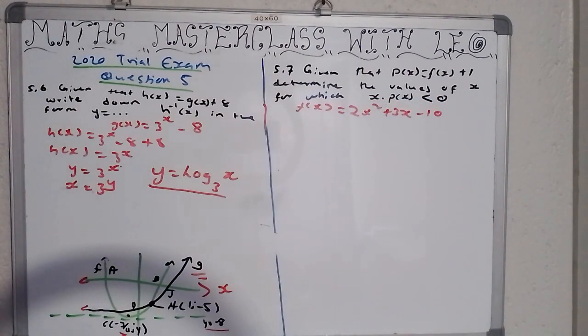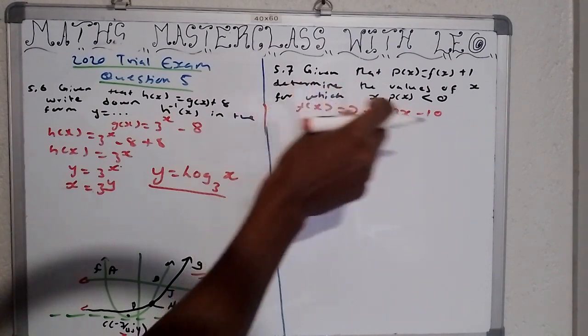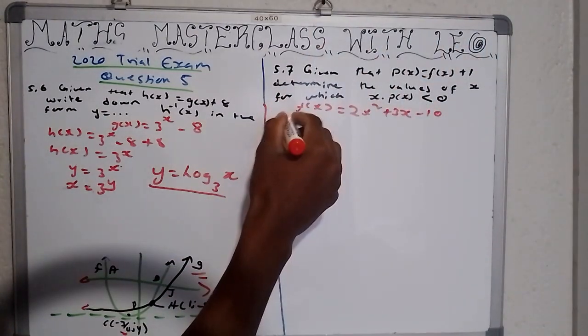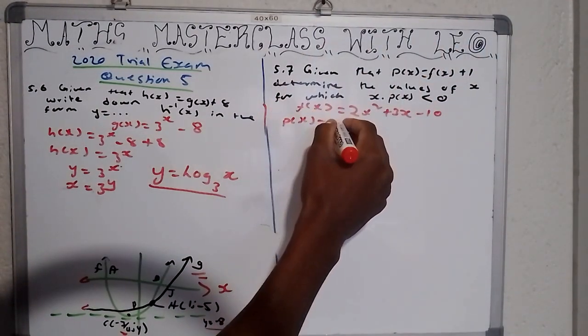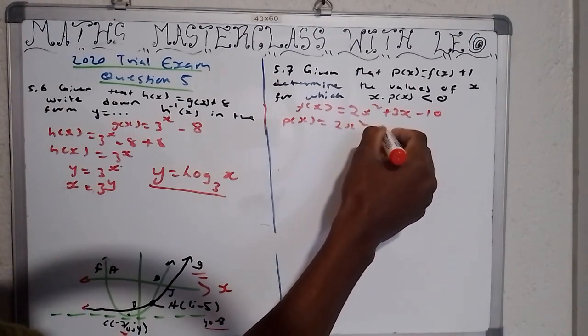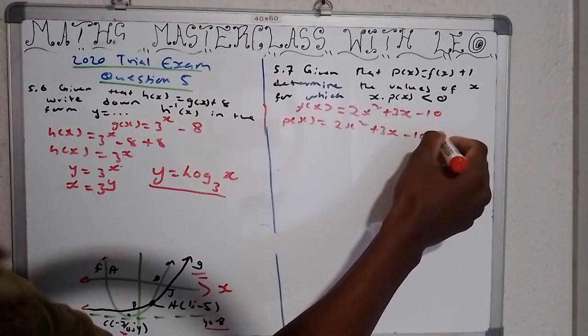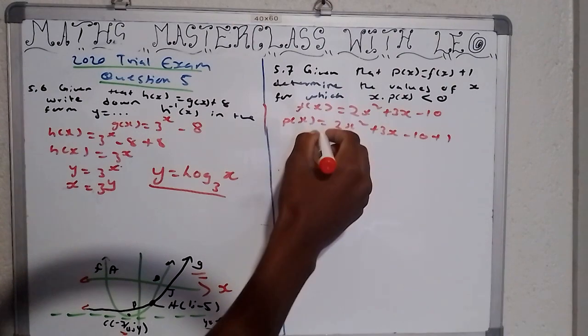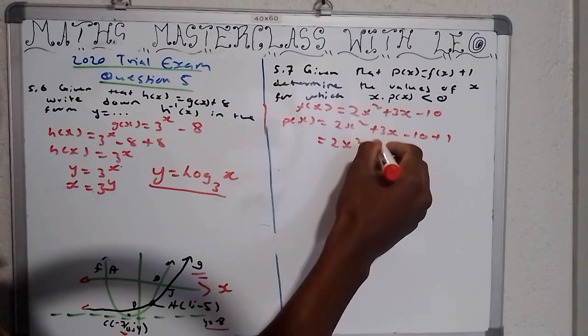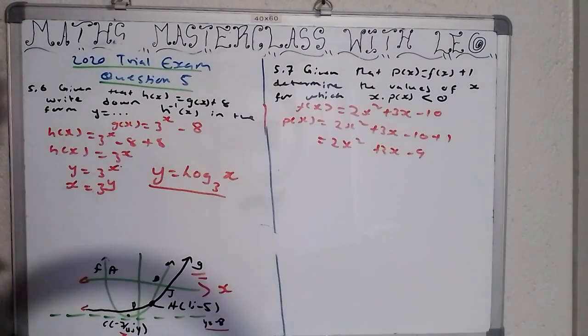And then we can just substitute this here. Then p of x, I'm going to have 2x squared plus 3x minus 10 plus 1. Then I'm going to have 2x squared plus 3x minus 9.